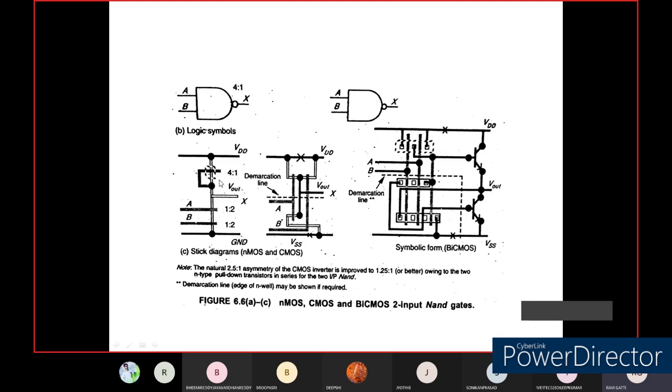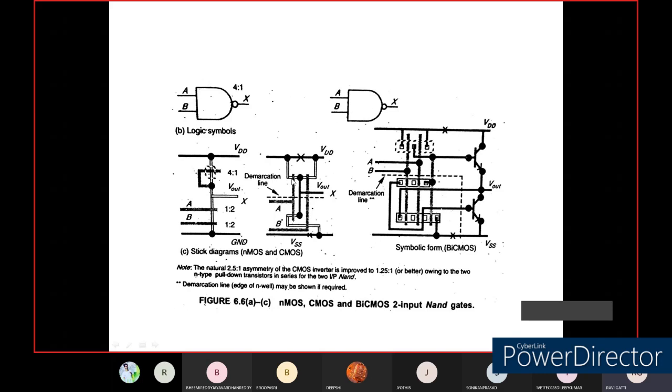And the corresponding stick diagram, whatever is there, we have written it over here. I think we are already aware of these stick diagrams. In module number 2, we learned how to create them. Clearly you can see here in this stick diagram there is a demarcation line, VSS and VDD, and a cross section symbol, so it indicates that it is CMOS technology, complementary metal oxide technology.